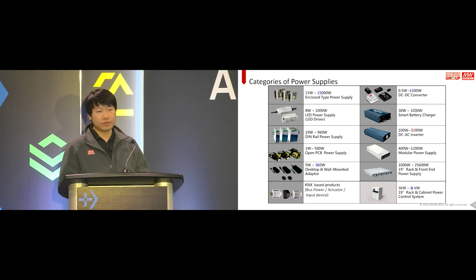And then next we have open frame. Open frame is just the PCB of the power supply. It's very similar to the enclosed type, but without the metal enclosure around it. The reason customers may use the open frame is for cost saving and for downsizing the application.